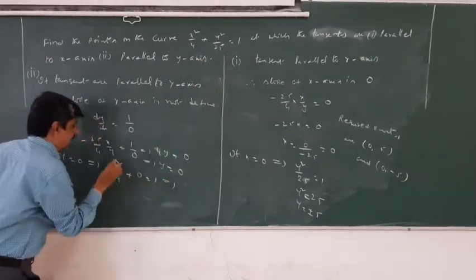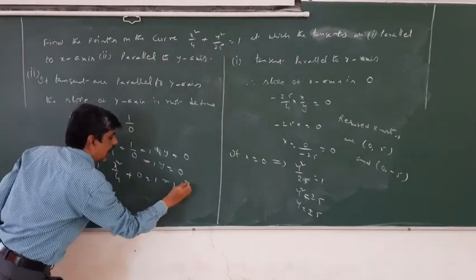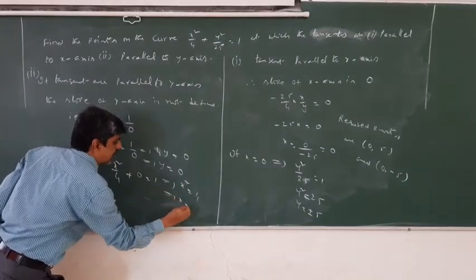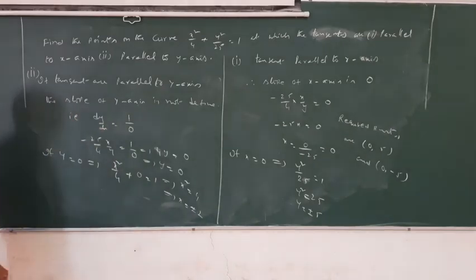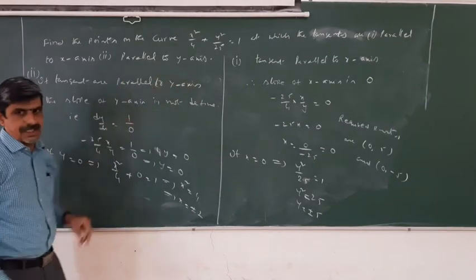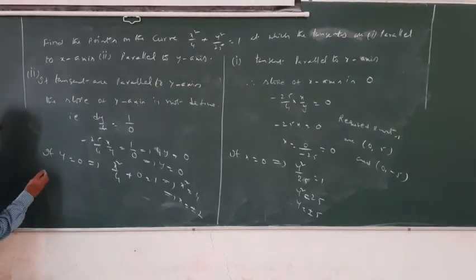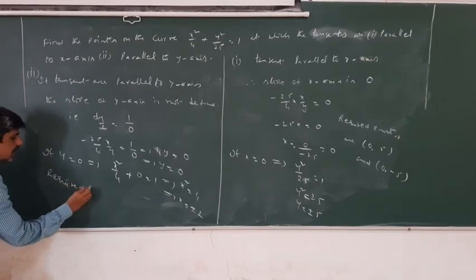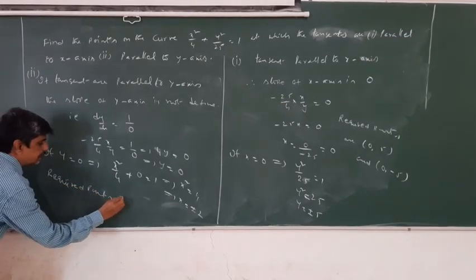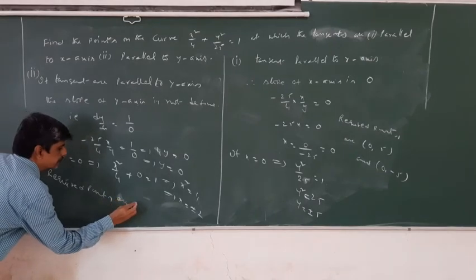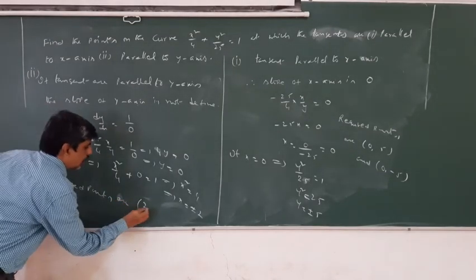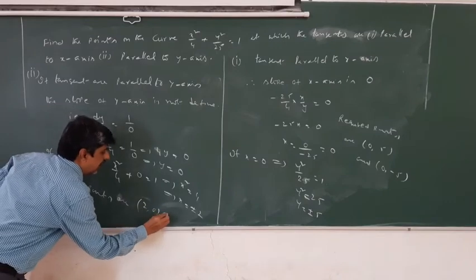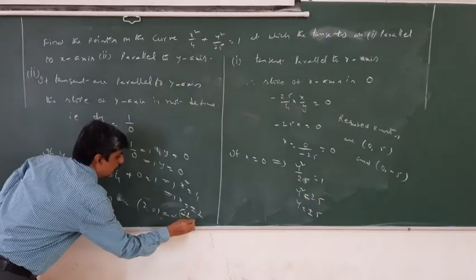So x square by 4 is equal to 1, x square is equal to 4, x is equal to plus or minus 2. So if the tangents are parallel to the y-axis, then the required points are (2, 0) and (minus 2, 0).